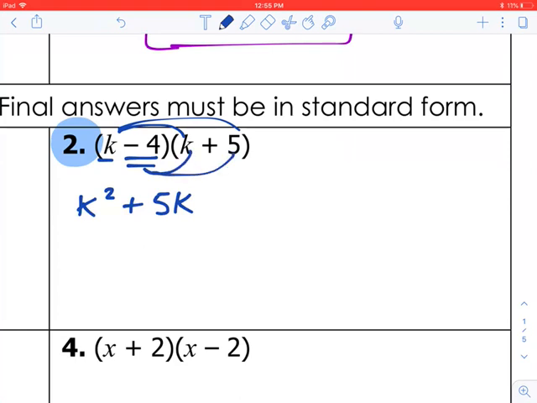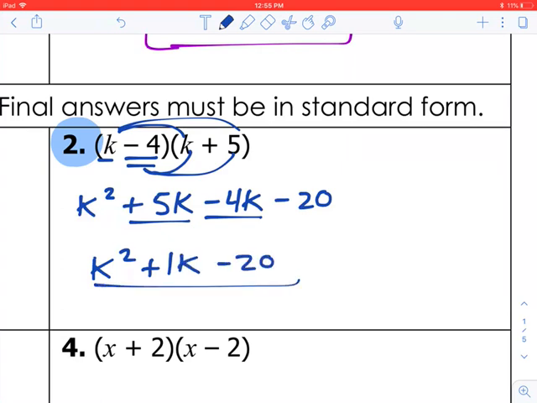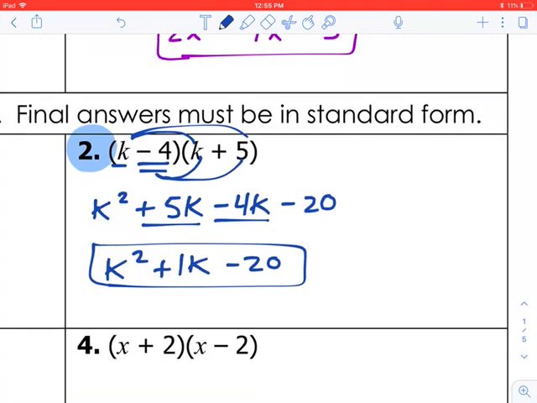Very important to understand what the sign is. So, negative 4 times k is negative 4k. Negative 4 times 5 is negative 20. And so, k squared doesn't have any like terms. 5 minus 4 is positive 1k. Almost wrote x. 1k minus 20, since 20 doesn't have any like terms.